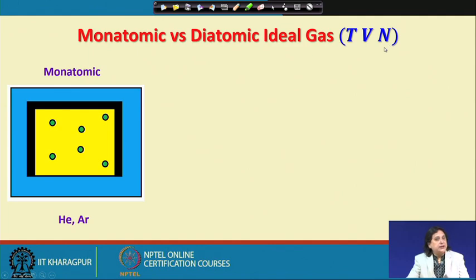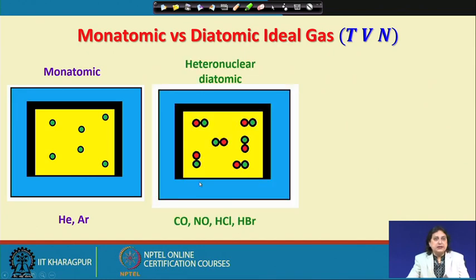But if I look at the microscopic picture of the system, this is how typically the monatomic system would look like. Examples of such a system would be helium gas or argon gas. Now, for the diatomic system, I can have a heteronuclear diatomic gas molecule.